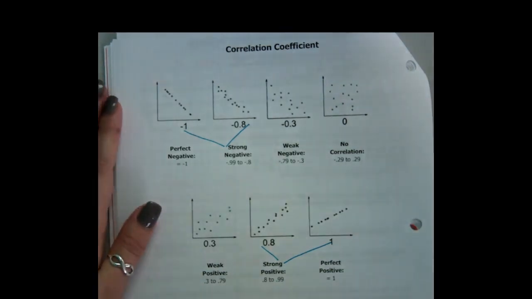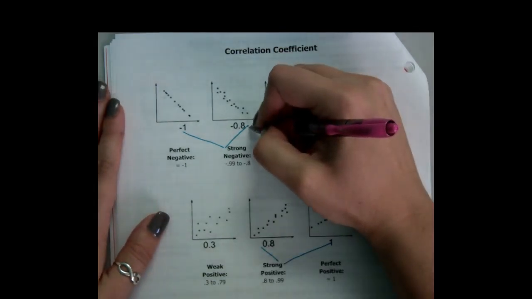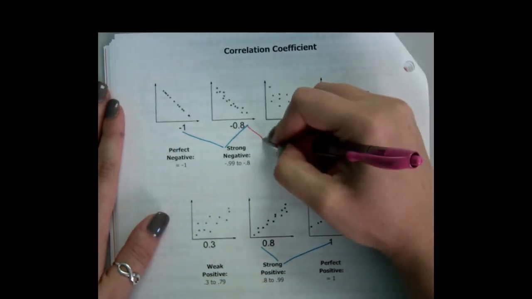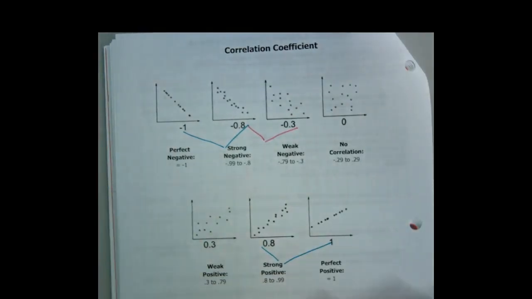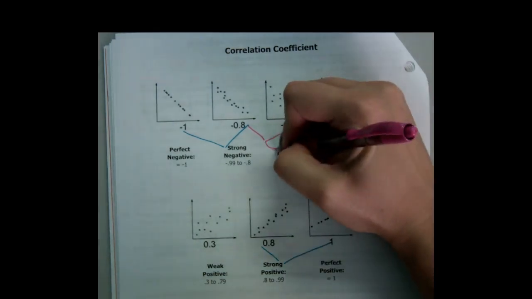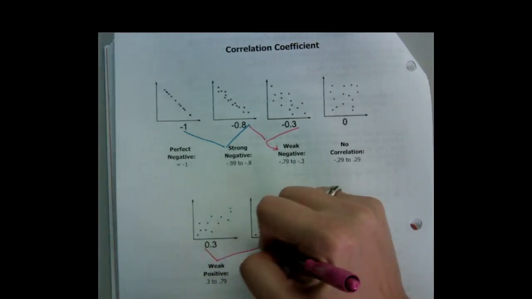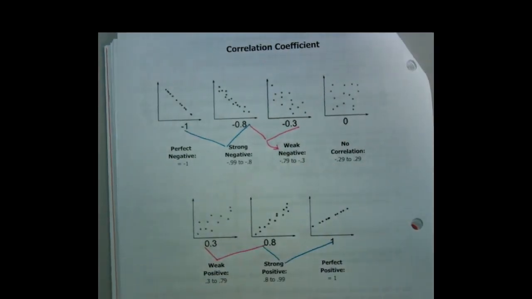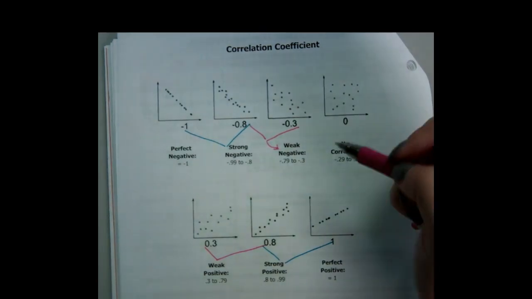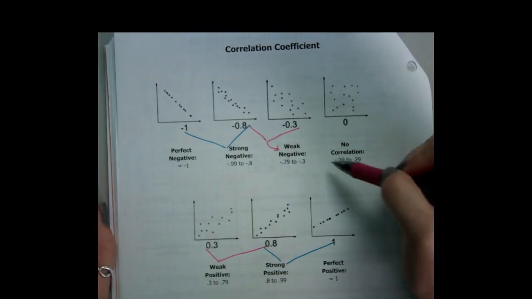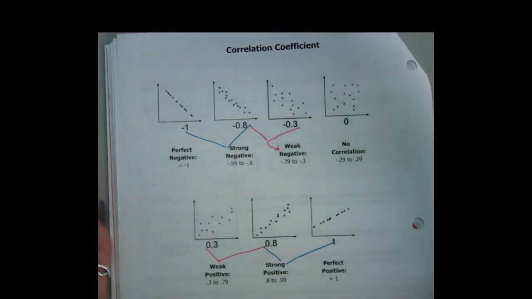Okay? If it's anywhere in between 0.8 and 0.3, I didn't draw that line very well, it's going to be weak. Same thing here, -0.8 to -0.3, it's going to be weak. And then if it's anywhere in between the 0.3s, so 0.29 to -0.29, we're going to call it no correlation.